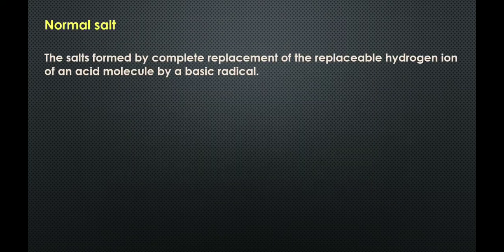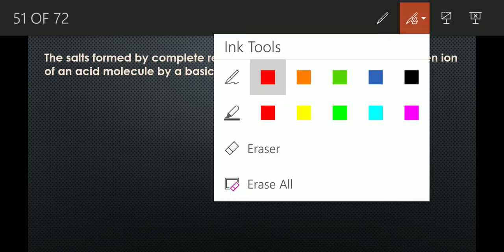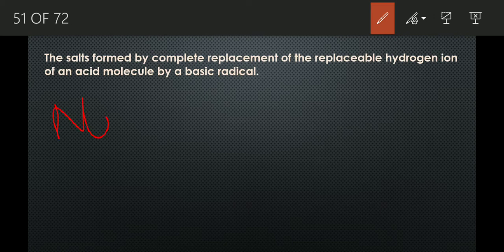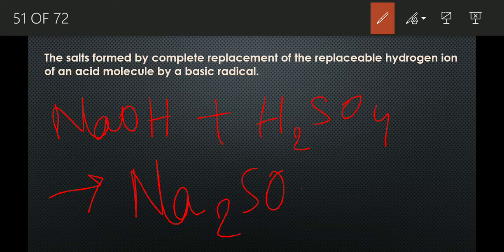Next category is normal salt. Normal salts are those salts which are formed by the complete replacement of the replaceable hydrogen ion of an acid by a basic radical. This example also I have given you with NaOH and H2SO4. If there is a complete replacement of replaceable hydrogen ion, then it will form the salt sodium sulfate, Na2SO4.